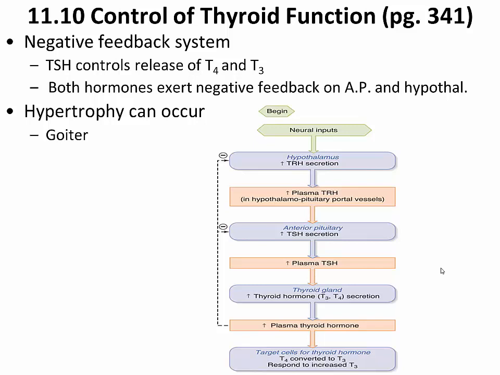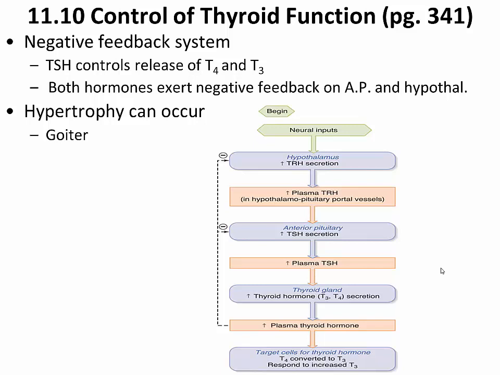The most common reason for this, although not the only reason, is a dietary deficiency of iodine. This occurs in certain parts of the world, and we'll mention one example here on the next slide. Unfortunately, in that case, the body has to have iodine to produce thyroid hormone.